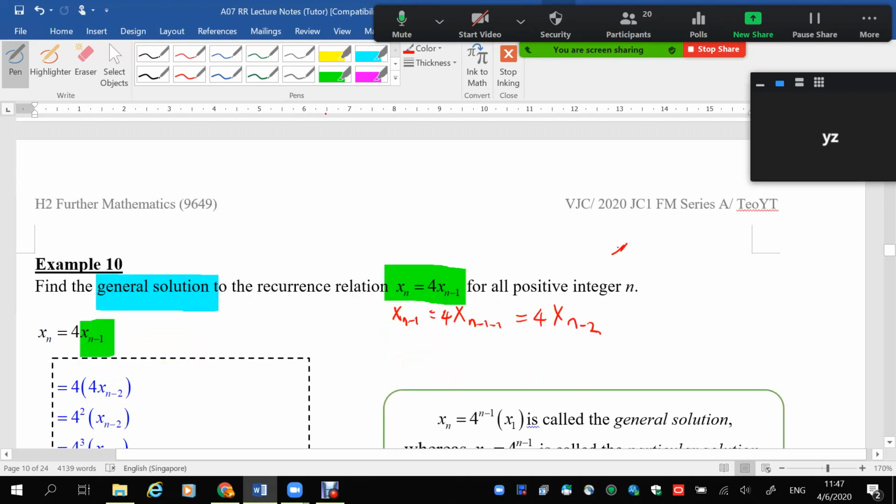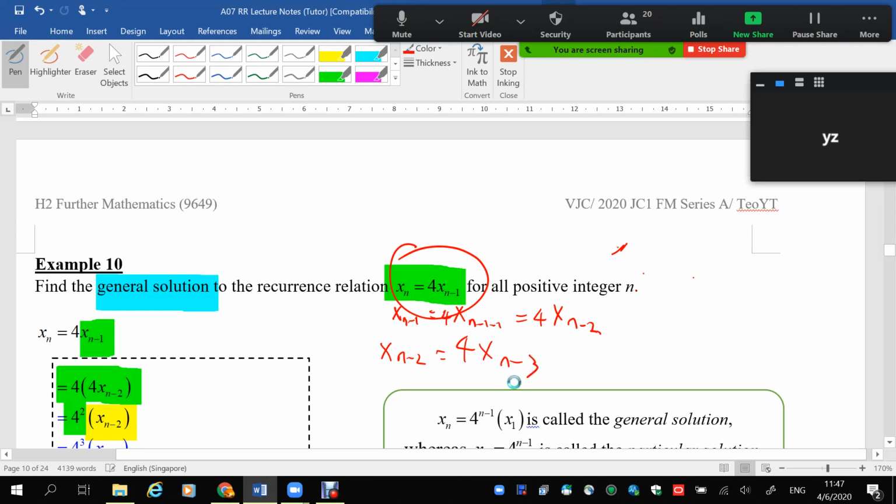Okay, so that's how I get my first line, 4 times 4 times x subscript n minus 2. Then I factor out the 4, so I got 4 squared, then x n minus 2. Based on this recurrence relation, what is xn minus 2? It will be 4 x n minus 3, right?